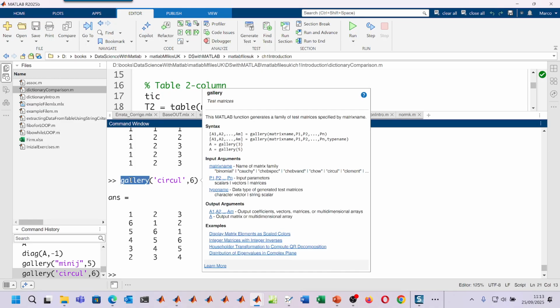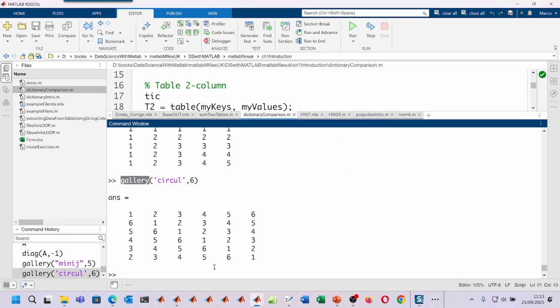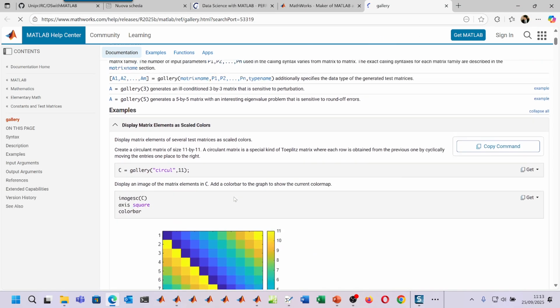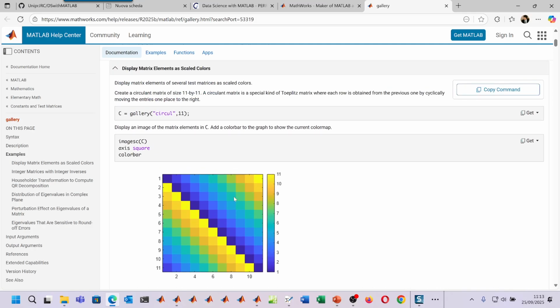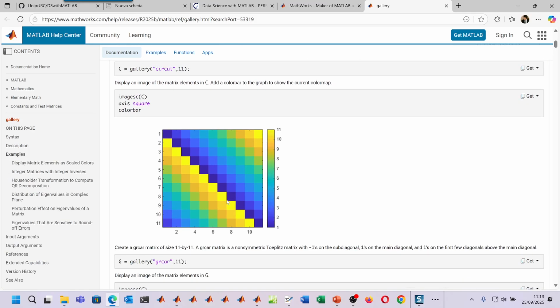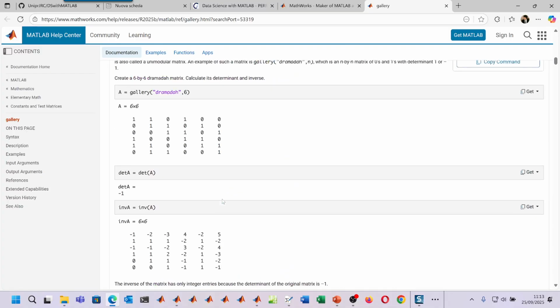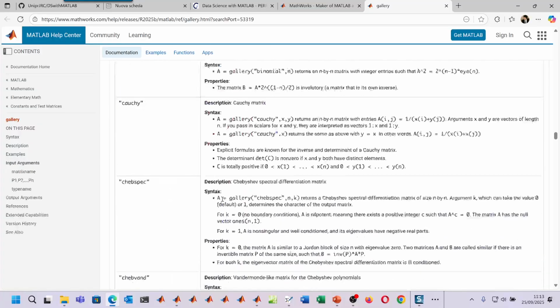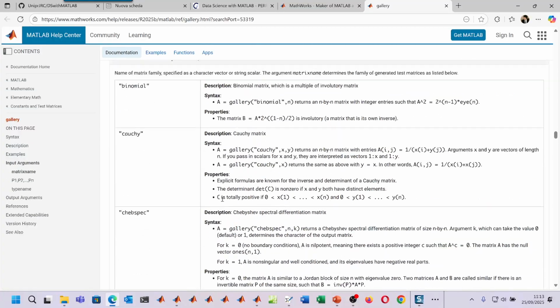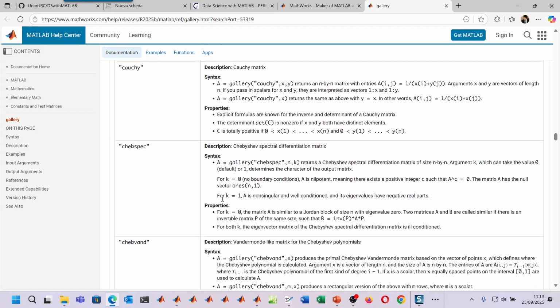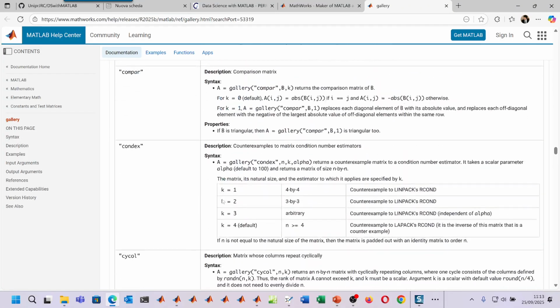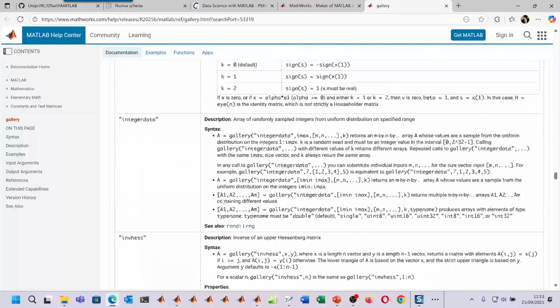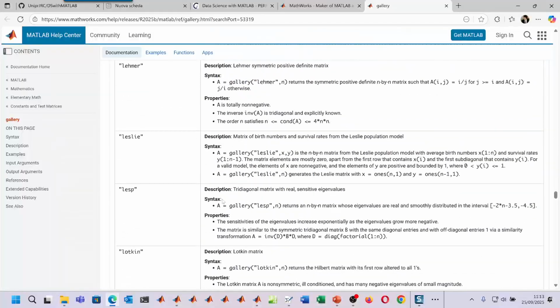So with this gallery, you just take the matrix name, and then there is really the word. Well, you can see them also from a graphical point of view. But at the end, I don't even know all of them. There are really tons of matrices.